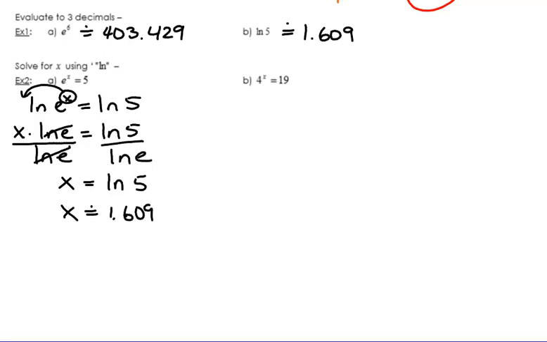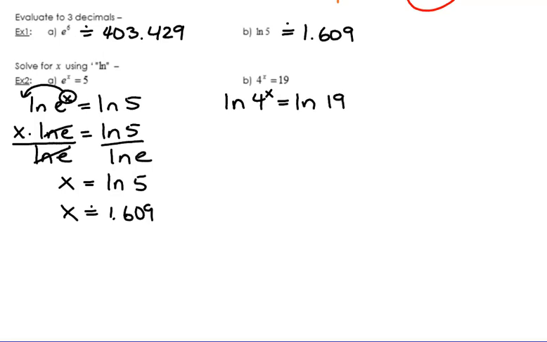Now let's say that we did decide to do logs on the other side. We can still do lns, it's the same thing. If you did log, it would just be log base e of 4 to the power of x, log base e of 19. But I don't really prefer to do it that way. That is technically what it means when we decide to do lns, but why would you add an extra step when you can just do ln of both sides?